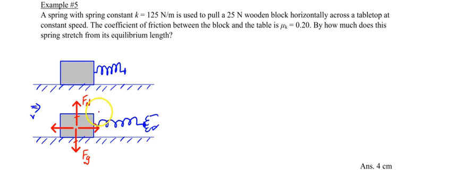The force acting to the right is due to the spring, which we'll label as F sub s for the spring force, and the force to the left would be the force of friction, right? Otherwise, it would be accelerating to the right. So there's got to be some opposing force that is balancing out the other force, and that's going to be called the force of friction. Remember that the velocity is constant, which means that the acceleration is 0. So the sum of the forces in the x direction is 0.